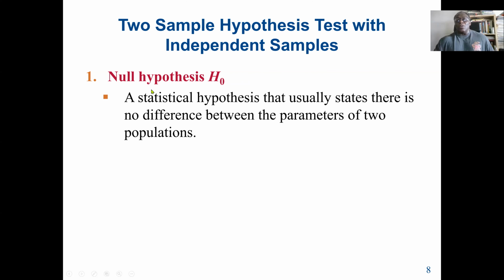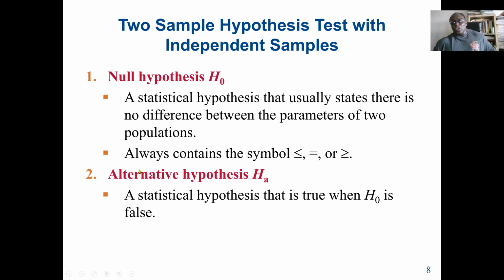First, we're going to state our H0, the null hypothesis. This is a statistical hypothesis that usually states there is no difference between the parameters of the 2 populations. The H0 always contains the symbol less than or equal, or greater than or equal.